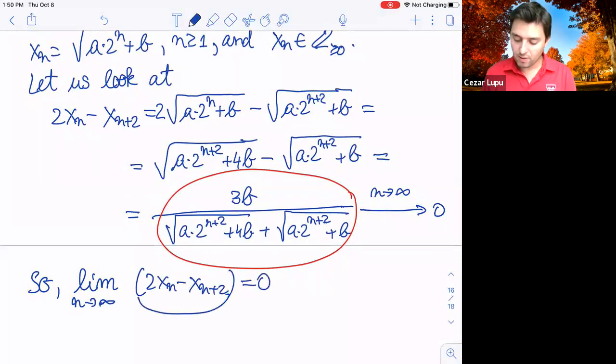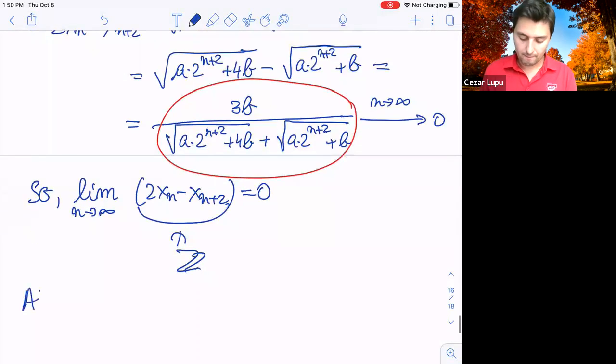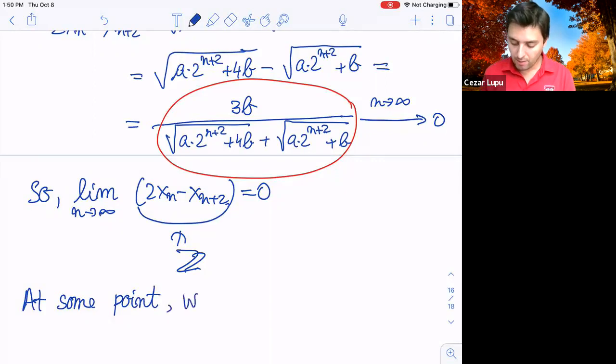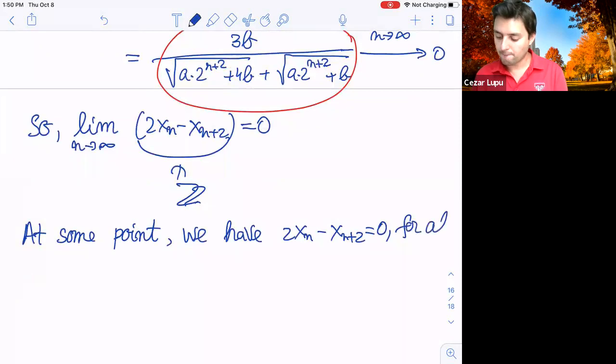Yeah, but the difference here is that these are sequences of integers. This implies that at some point, since the limit is 0 but this is a sequence of integers, that difference is actually 0. 2x_n minus x_{n+2} is 0 for all n greater or equal than, let's say, k.